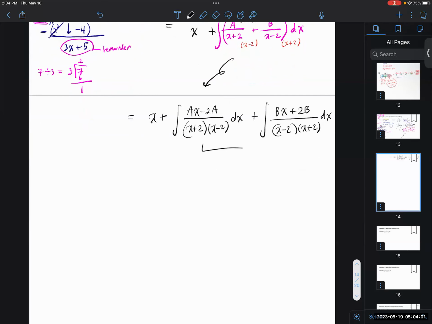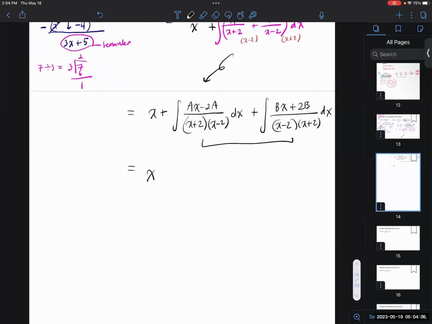So we need to combine like terms. You can ignore the integral for now, but anyway, it's all together. Same denominator. So ax plus bx, same family. Negative 2a plus 2b, same family.